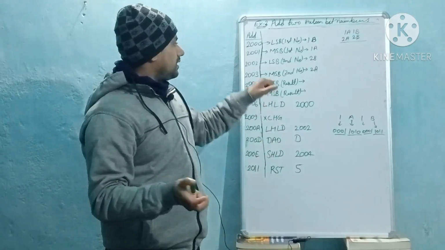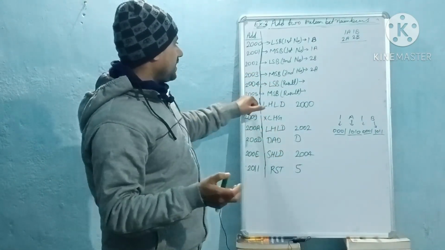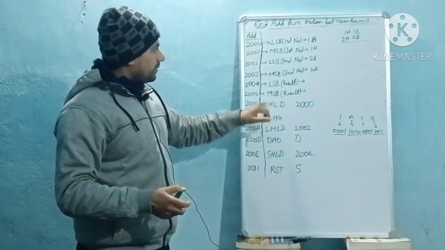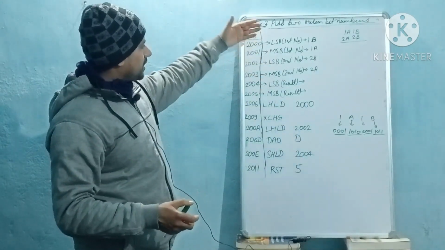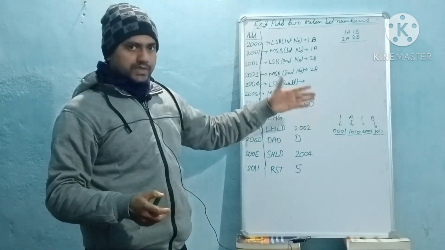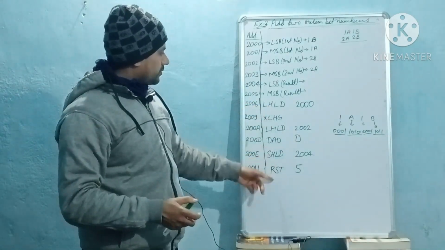We are saving the LSB at 2004 and the MSB at 2005. Okay, so now these are all the addresses for the numbers and results. So now from here the program starts.